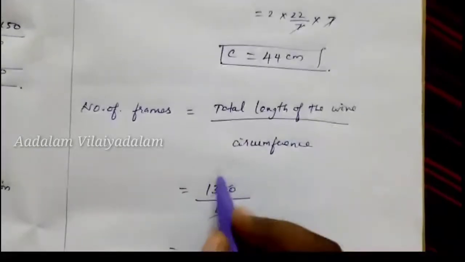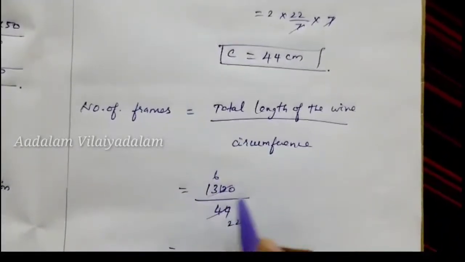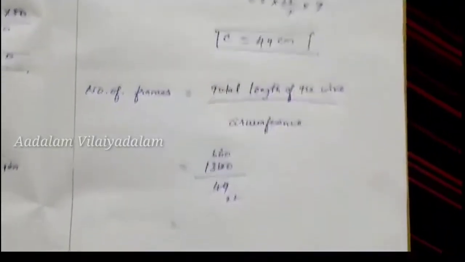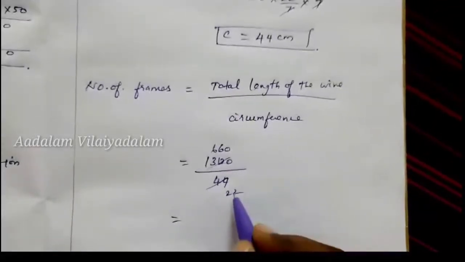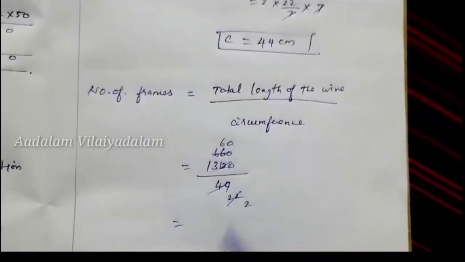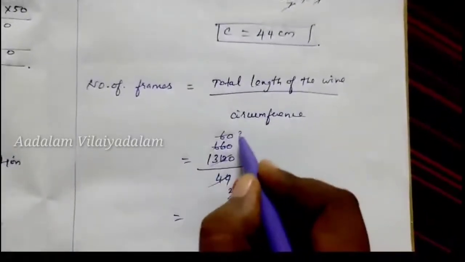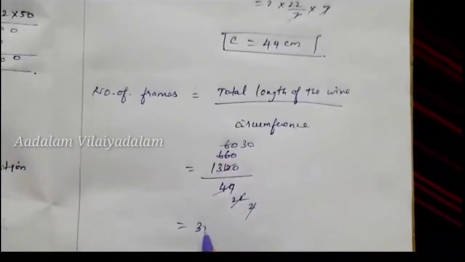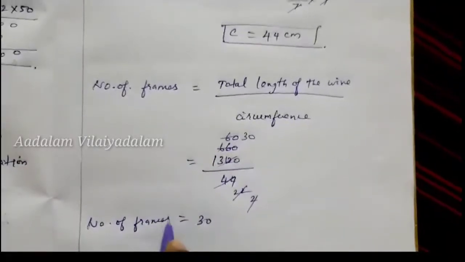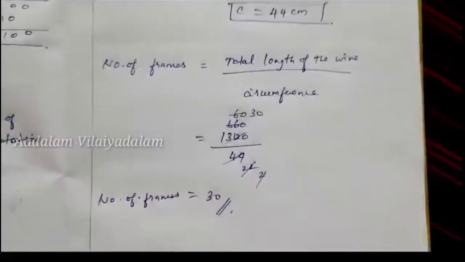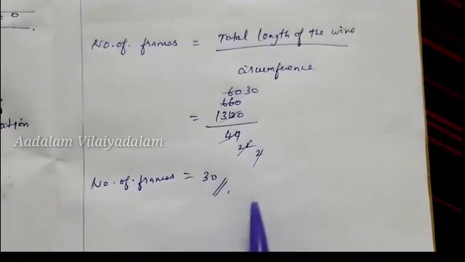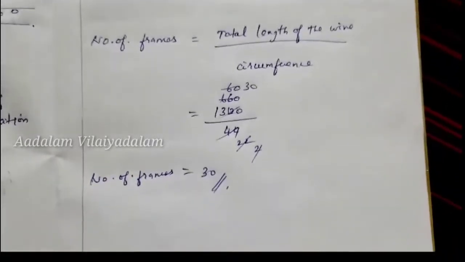Then we get 22. Here we get 6 times. Then balance 1 will become 12. Then again you will get 6. The balance 0 will get 660. If we divide it by 11 table, we get 2. Here we get 60. Then if we divide it by 2 table, we get 30. So number of frames is equal to 30. So therefore 30 frames can be made in this wire.